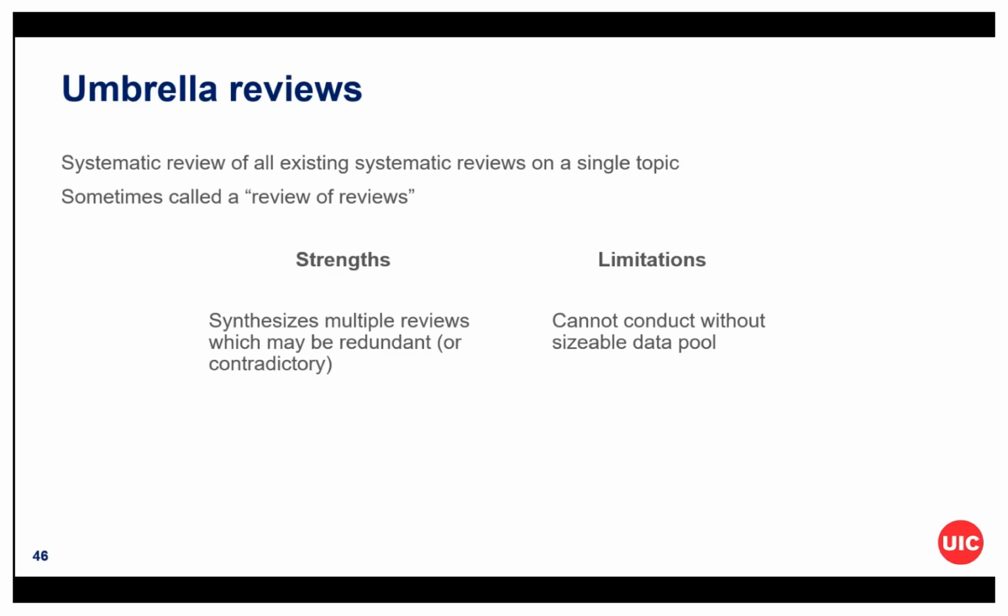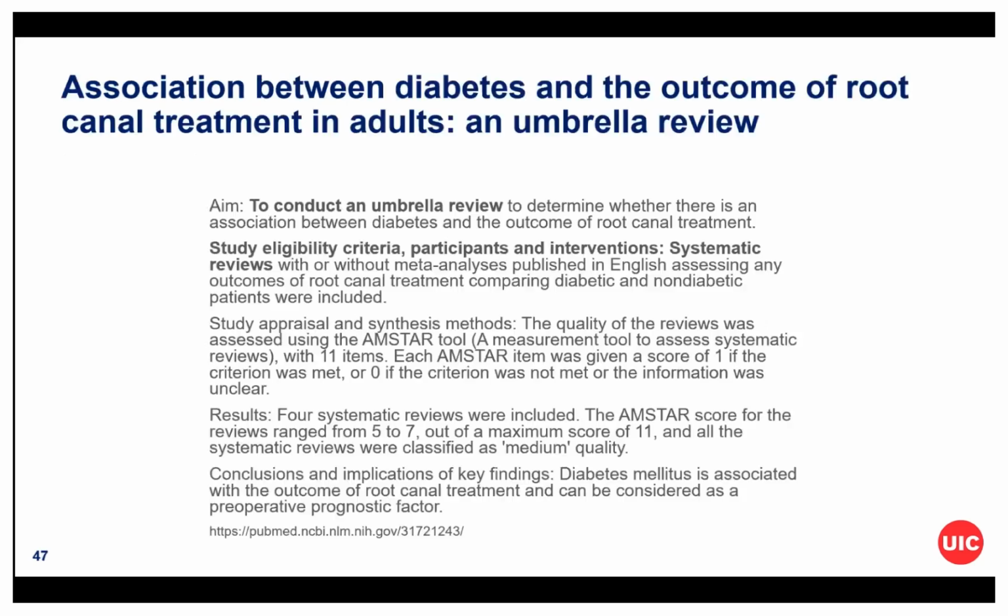But you might have limited evidence sources, and it's impossible to do an umbrella review without actually having systematic reviews on the topic. And here's an example of an umbrella review. They're having systematic reviews with or without meta-analyses, so they're actually looking at those. It didn't matter if they did the meta-analysis piece or not.